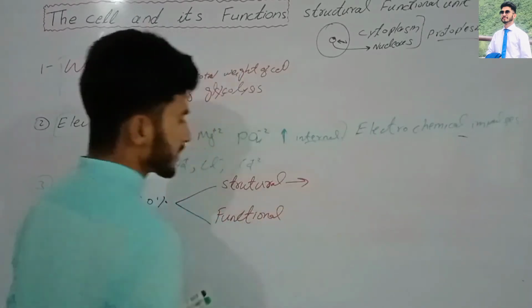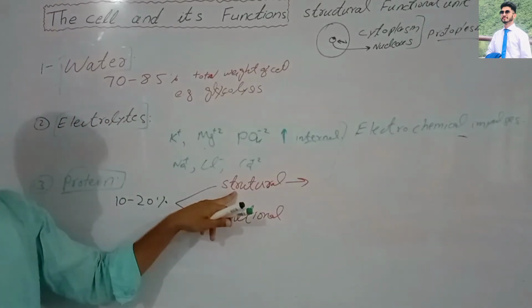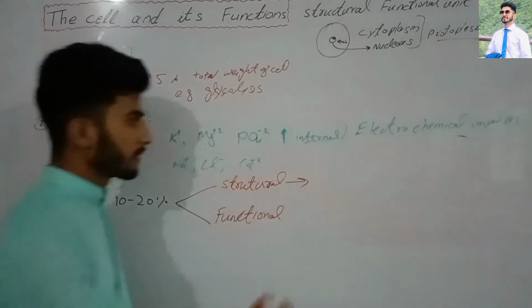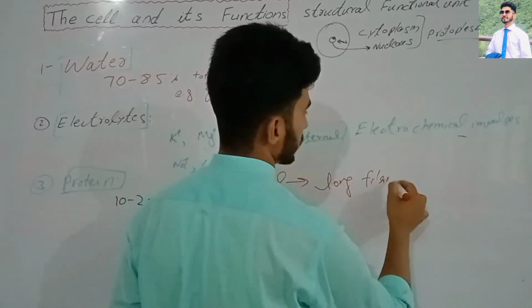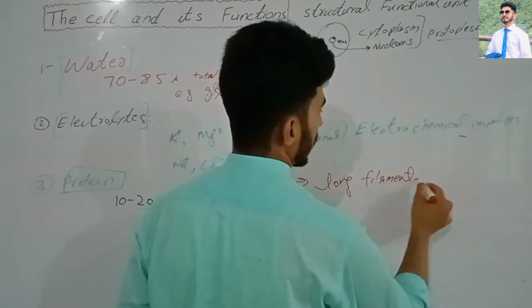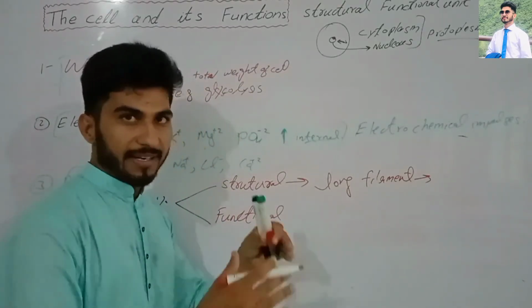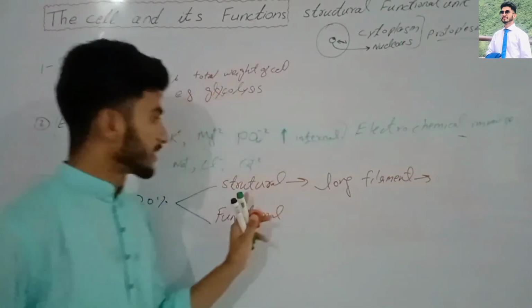Structural protein maintains the structure of the cell, and it is in the form of long filaments, for example, the cytoskeleton. The cytoskeleton maintains the structure of the cell, that's why we call it structural protein.